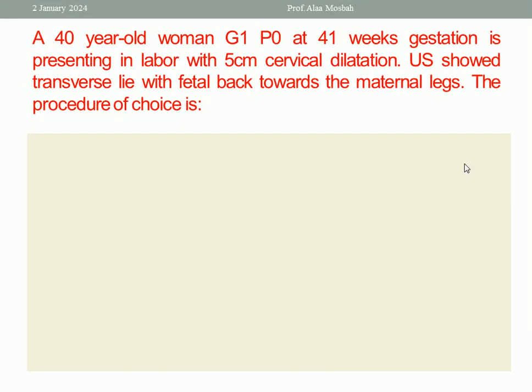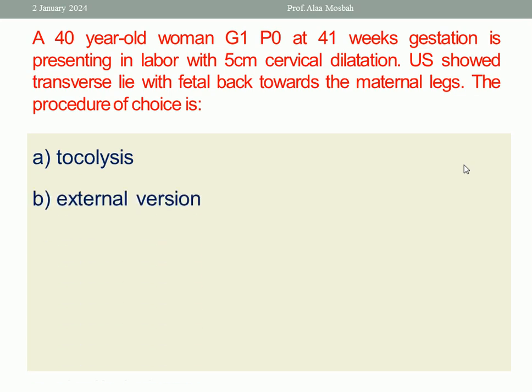A 40-year-old woman, prima gravida, at 41 weeks gestation, is presenting in labor with 5 centimeters cervical dilatation. Ultrasound showed transverse lie with fetal back toward the maternal legs. The procedure of choice is A. Tocolysis.